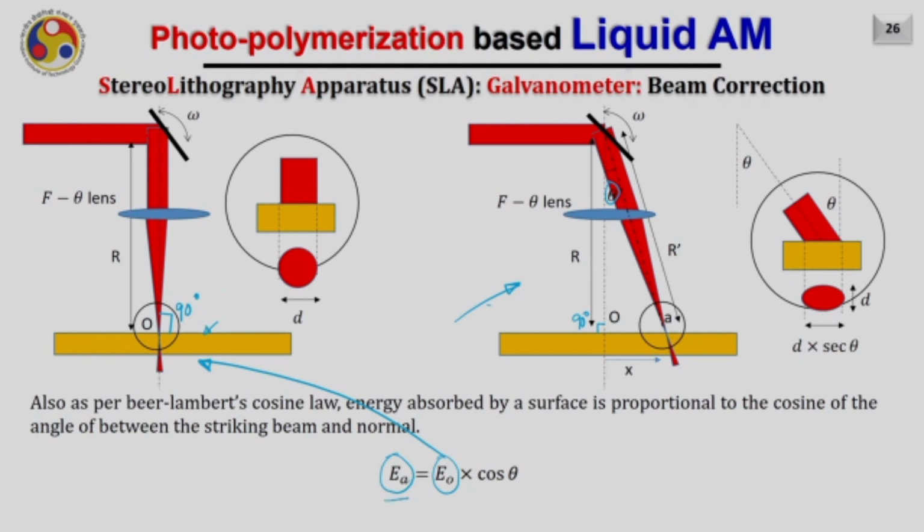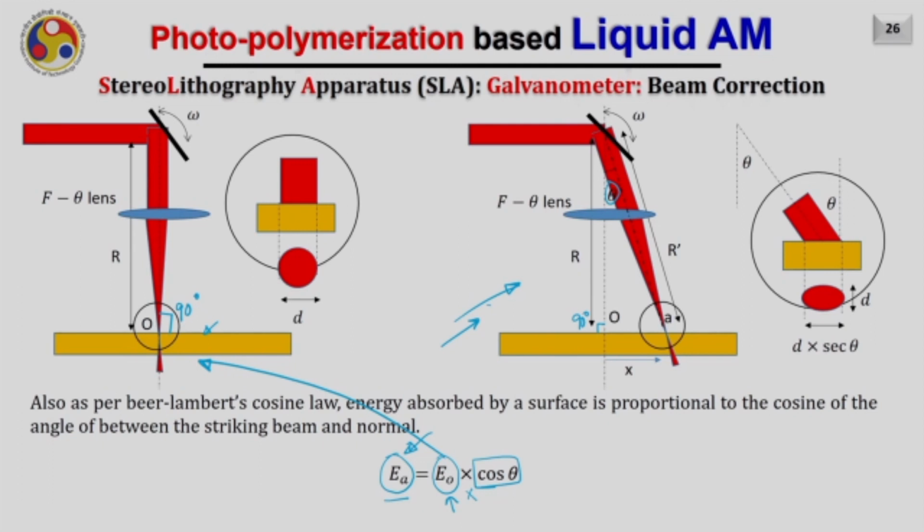So the energy absorbed in this case will be equal to the energy absorbed in that case multiplied by cos theta. Hence you can see the absorbed energy itself has reduced, and more energy will get deflected from the surface.